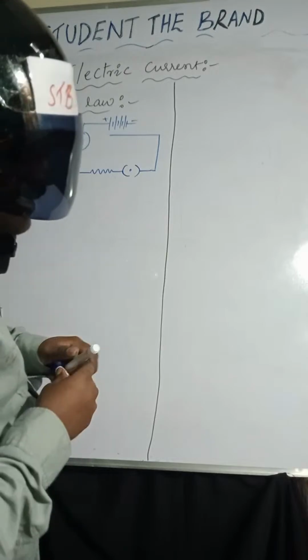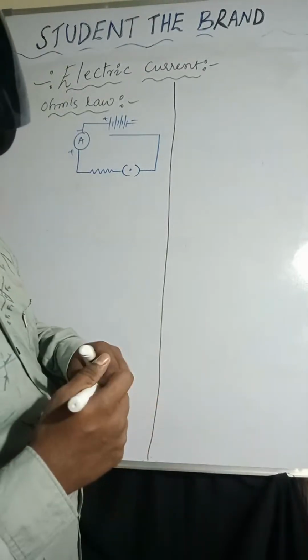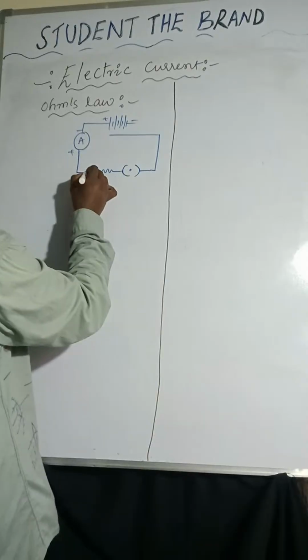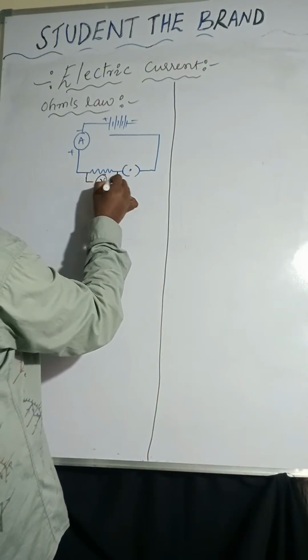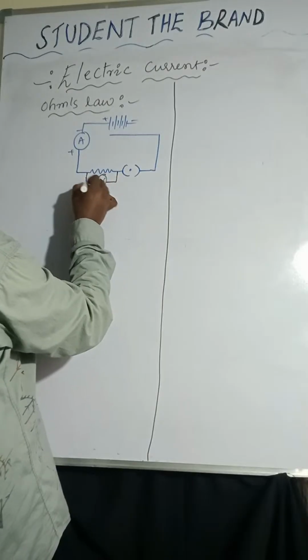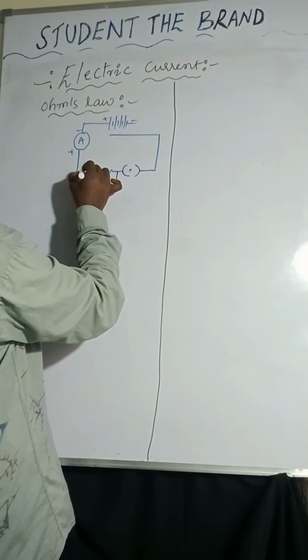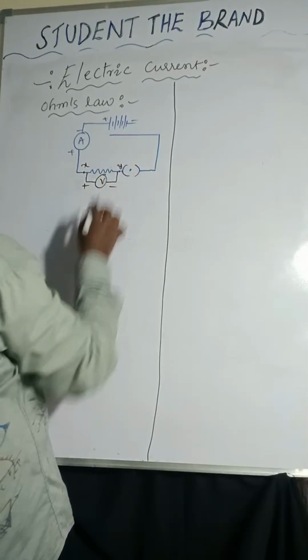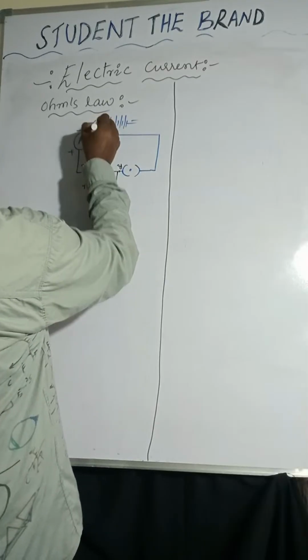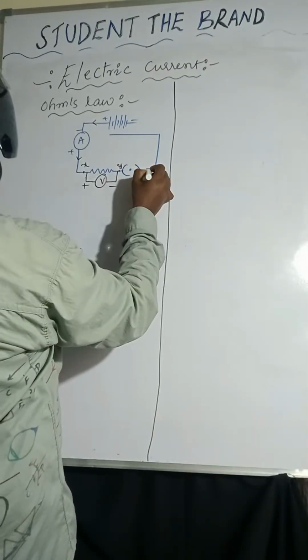Across the resistor we are connecting the voltmeter. This is point X and Y. Current is flowing through it.